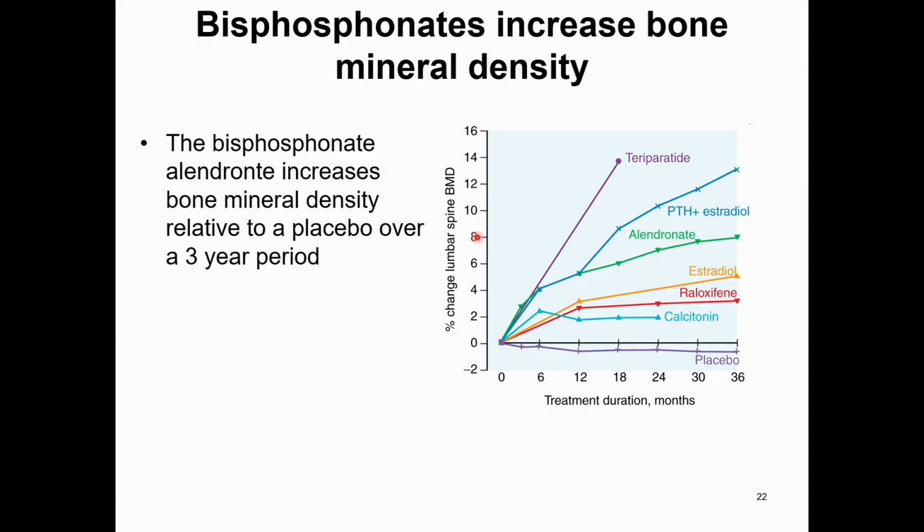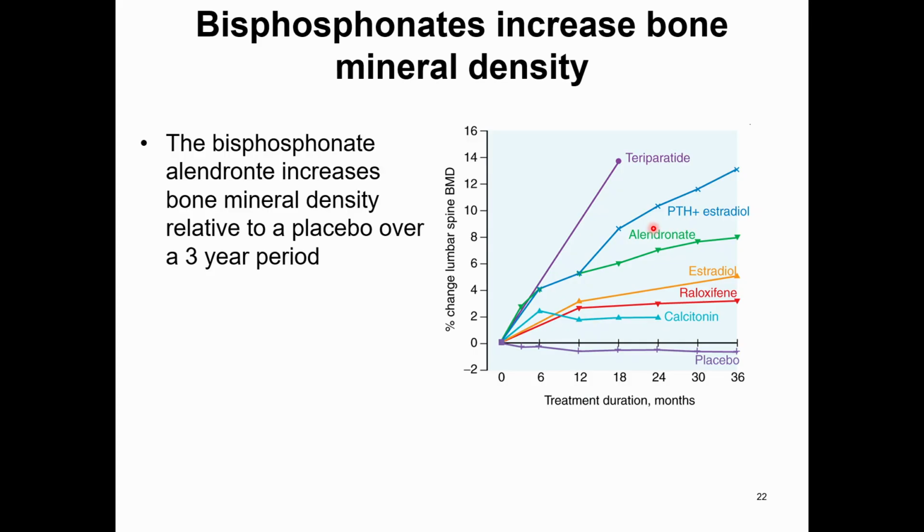And what you can see is that these drugs have an effect because it's different than the placebo. So once again, here's the placebo. And here you can see some of these bisphosphonates up here that increase bone density.